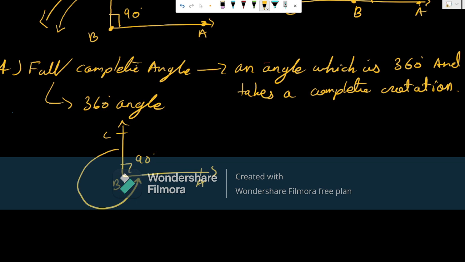But here there's a difference. It is not a 0 degree angle. Okay, a 0 degree angle never moves. It's just like sitting there. It doesn't take a rotation or anything else. It's just there. But here, this BC line takes a complete rotation and comes back to BA line. Okay, that is why it is called a 360 degree angle.